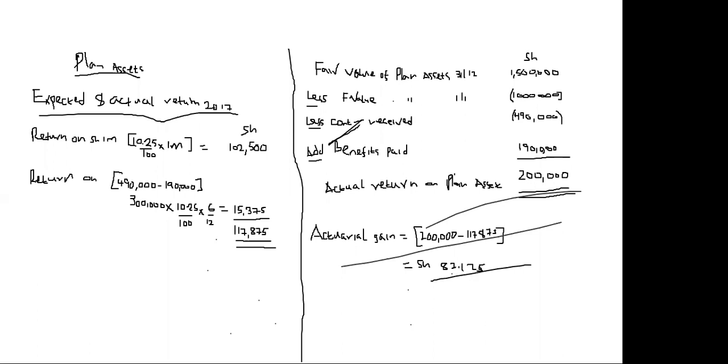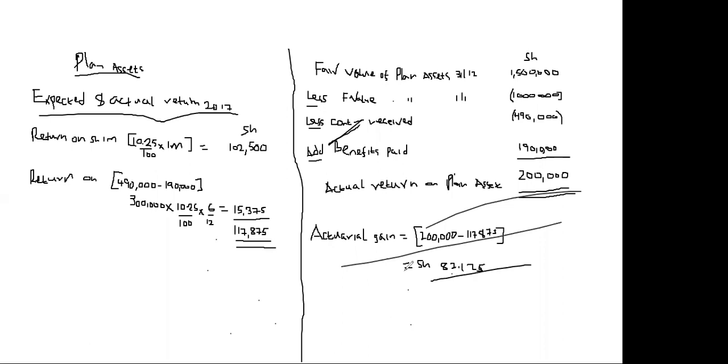And this 6,000 we have been told in the second last line. We were told that after these transactions, the fair value of the plan assets as at 31st December 2017 was 1.5 million. The present value of the defined benefit obligation was 1,479,200, and actuarial losses on the obligation for 2017 were 6,000. So we subtract the losses from the gains.